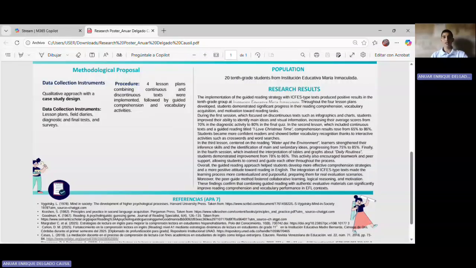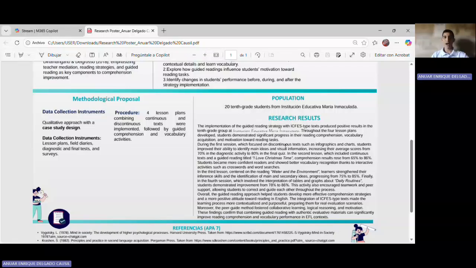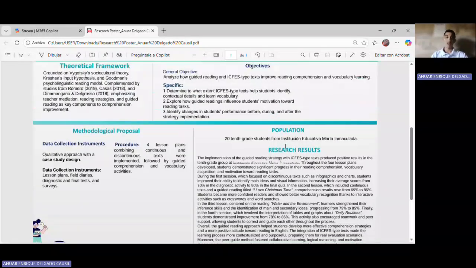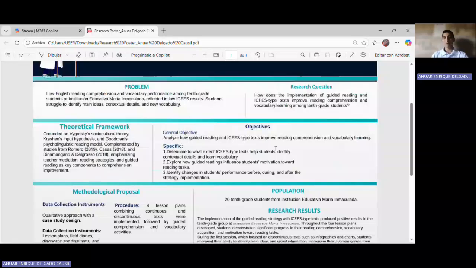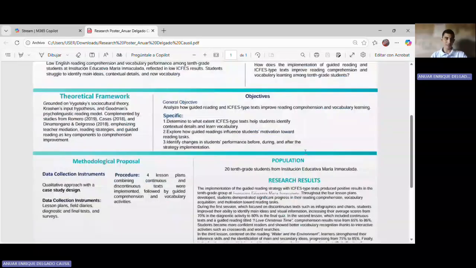Well, during the process and class activities, to execute my research, first I applied a diagnostic test to identify the students' difficulties with ICFES type tests.